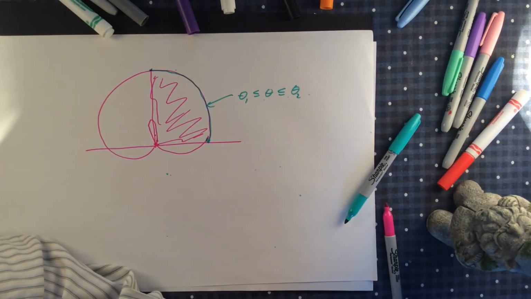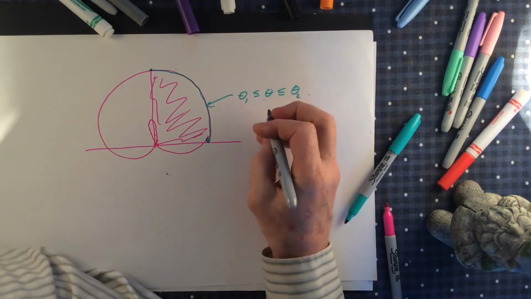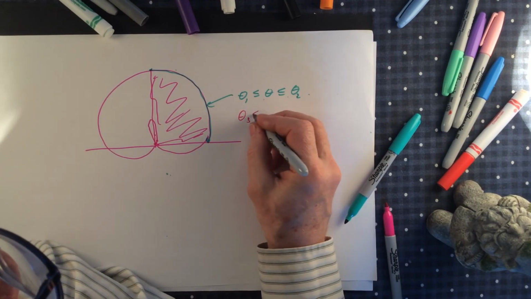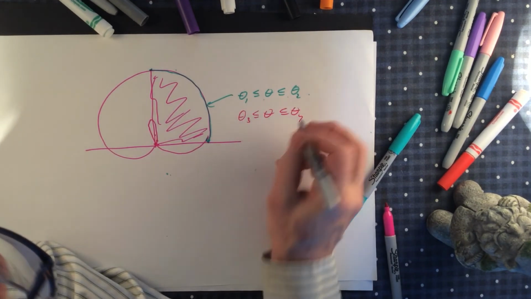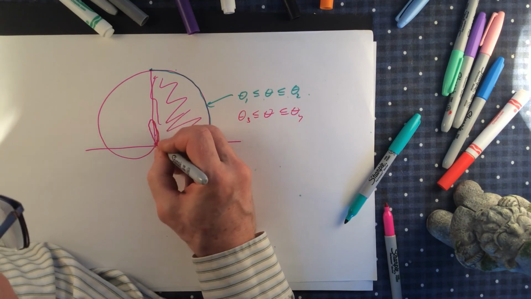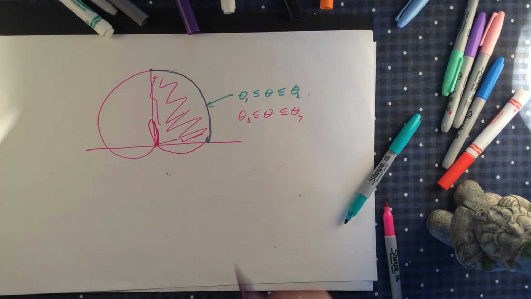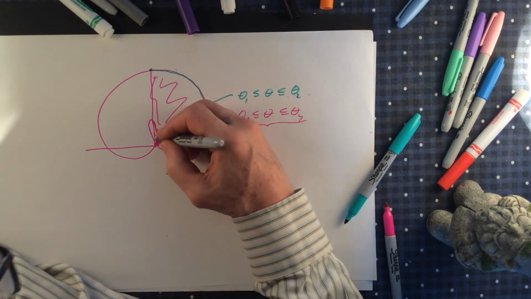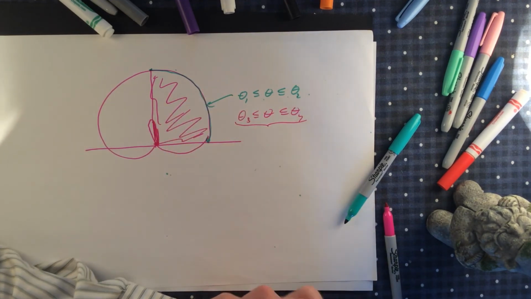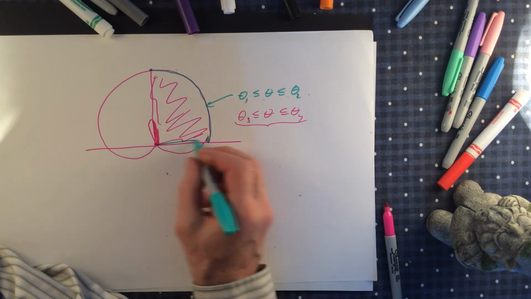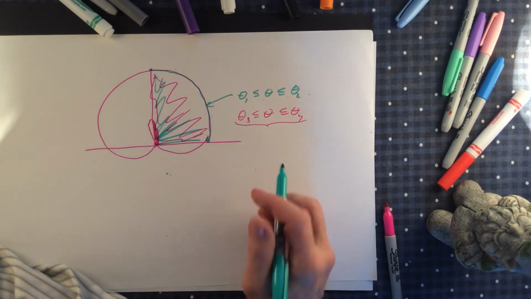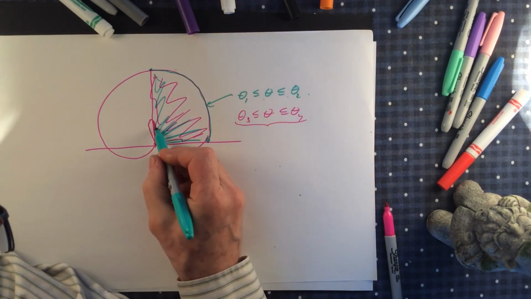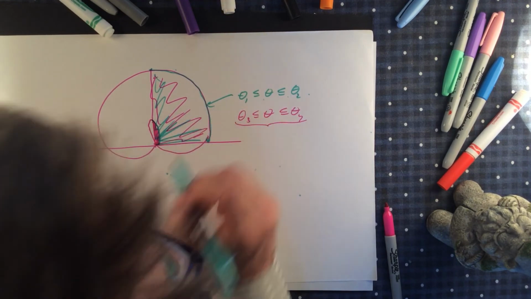We then have to figure out the theta 3 to theta 4, which generates this piece of the arc. And this angles used in the integral will calculate this area, and this angle used in the integral will calculate that area, and when we take the difference of them, will be outside of this arc, but inside of that arc.